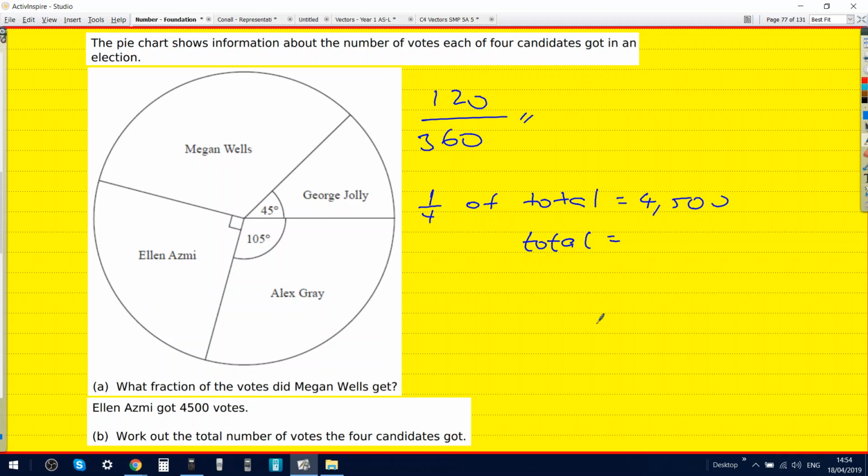Well, it would be getting bigger. A half is double a quarter. So this 1/4 is 4,500, right.